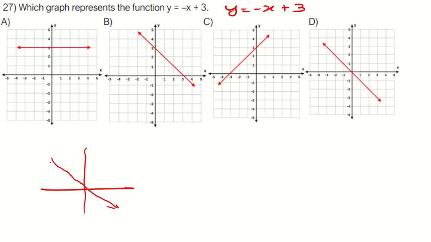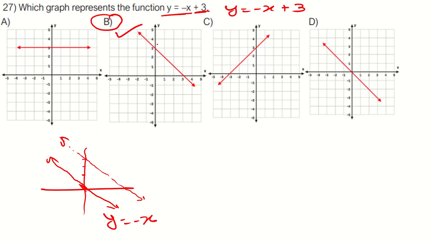It will pass through the origin. But they say not only -x, they say plus 3 also. Plus 3 means this line will shift 3 units up on the y-axis. So you can see only this line is passing through 3, so this is the correct answer.